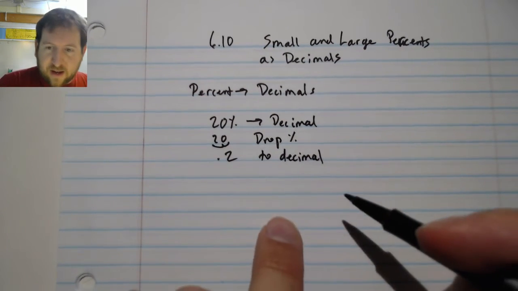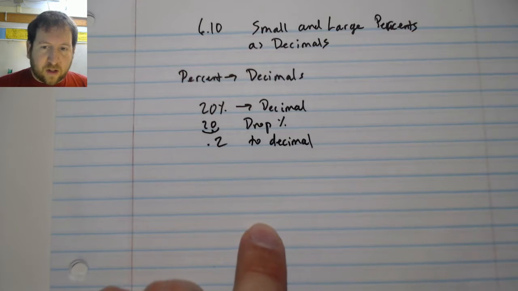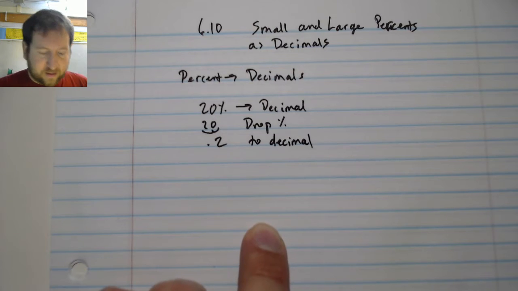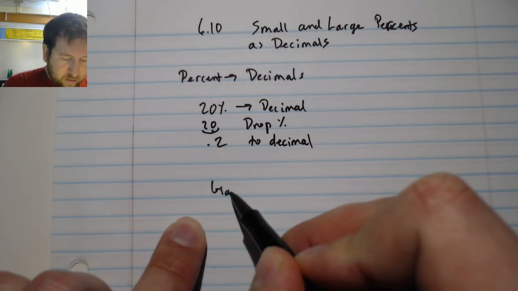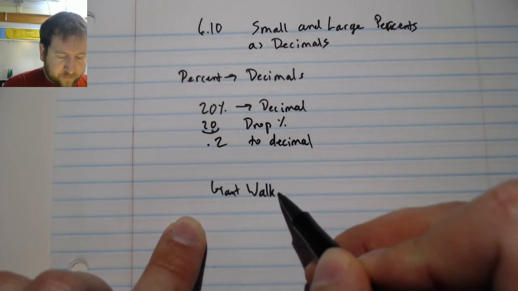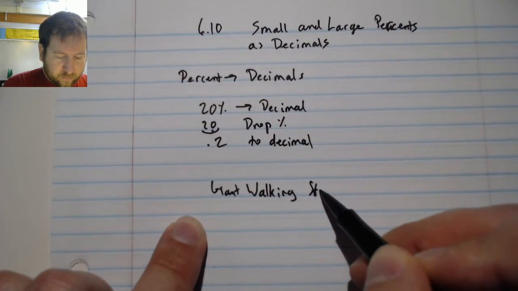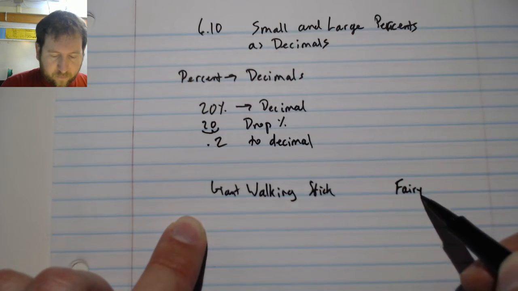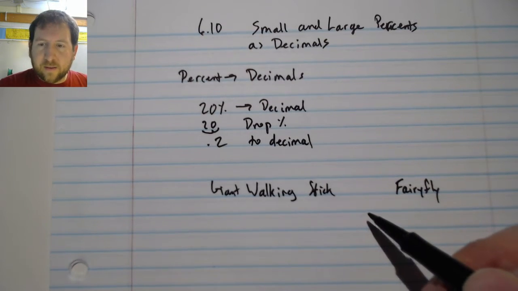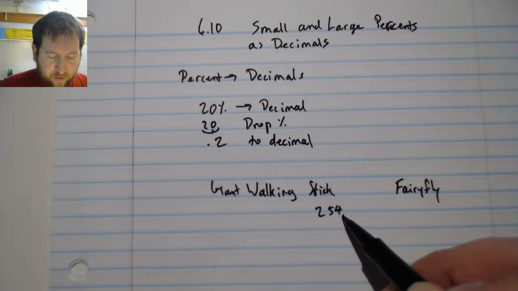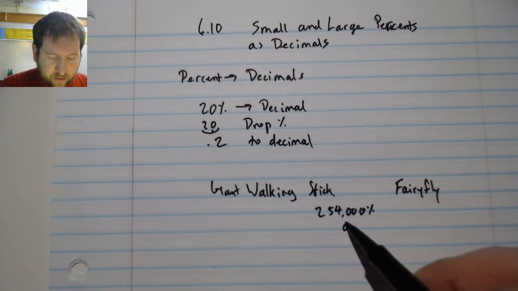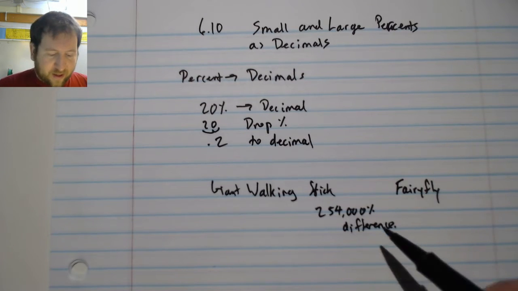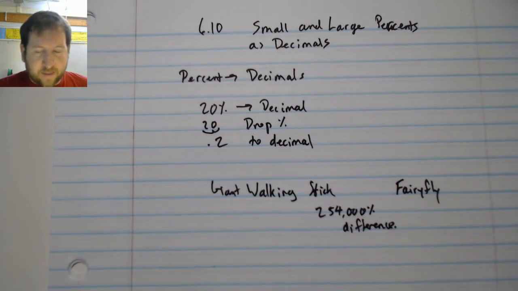So they give us a percent in the chapter, which is kind of cool, that if you look at the largest insect, the giant walking stick, and compare it to the smallest insect, the fairy fly, there is a 254,000% difference. Because the walking stick is pretty big and this fairy fly is absolutely tiny.